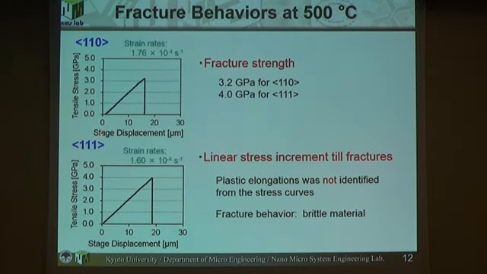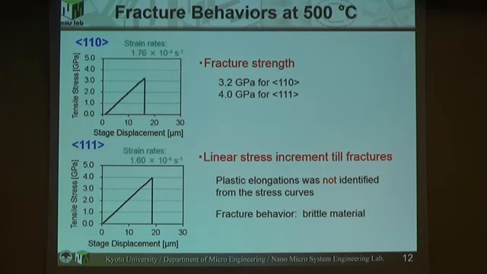This is the displacement and tensile stress curve, the typical curves for the 110 specimen and the 111 specimen. We couldn't see any ductile deformation; he said it's linear, but I think there is some. I don't know. Anyway, the fracture strength is higher for 111, at 4 gigapascals, 20% higher than the 110.